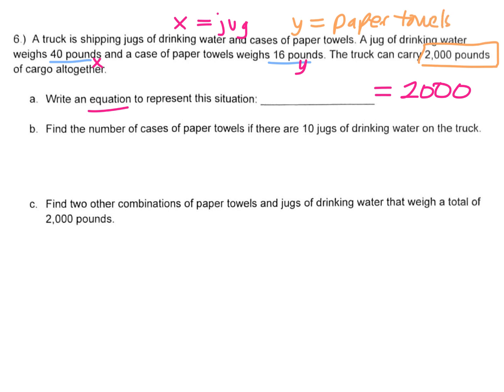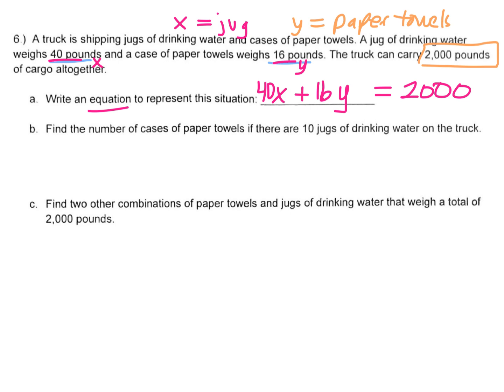Okay, so the X value is 40 pounds for each jug. So that is 40X. And the Y value is 16 pounds for each case of paper towels. So we add those together, the total cannot exceed 2,000 pounds.